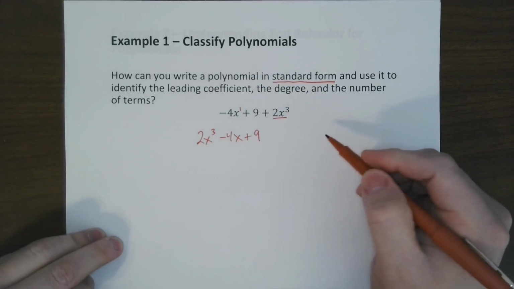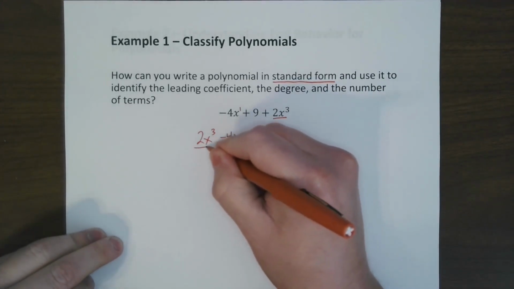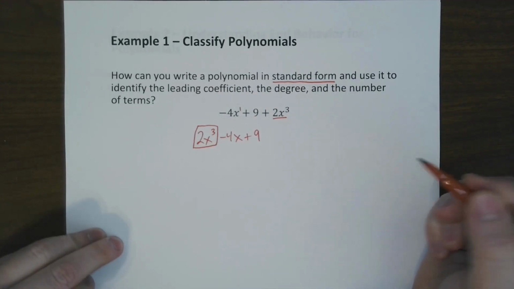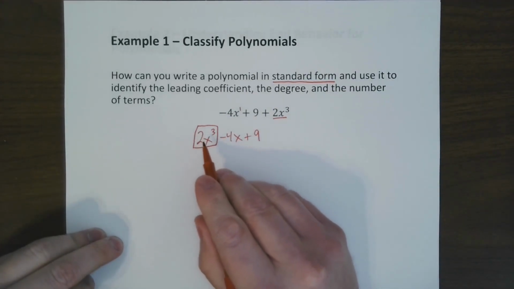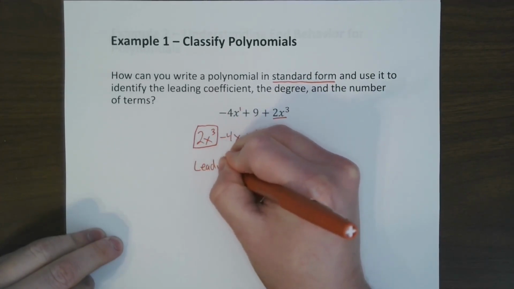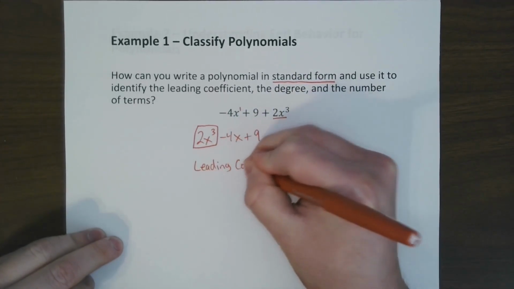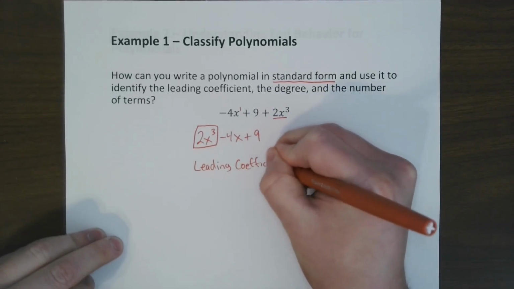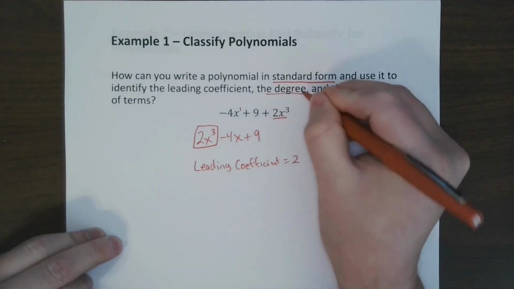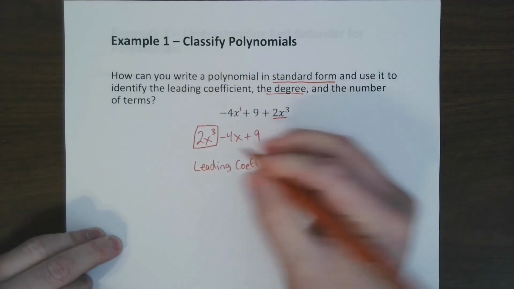So now that we got standard form, everything is focused right here. This is called the leading term. On the leading term is a leading coefficient, which is 2. That is your leading coefficient. Next thing is our degree, which is the exponent.